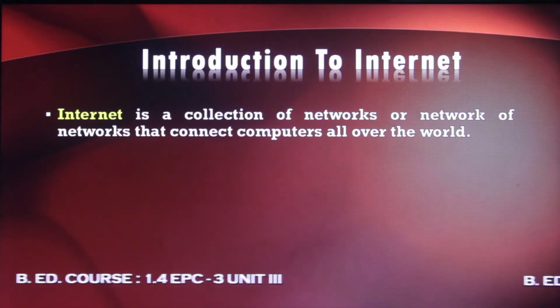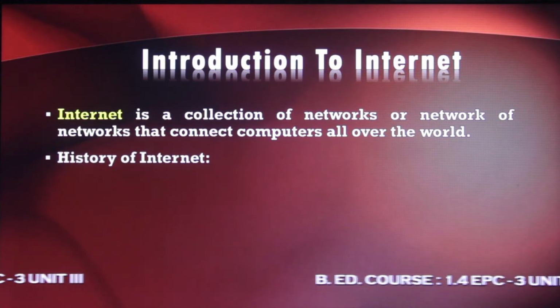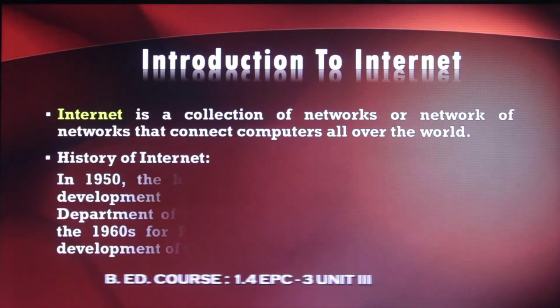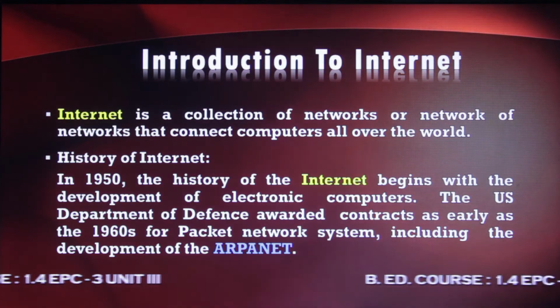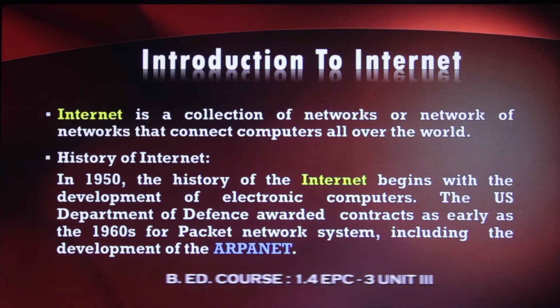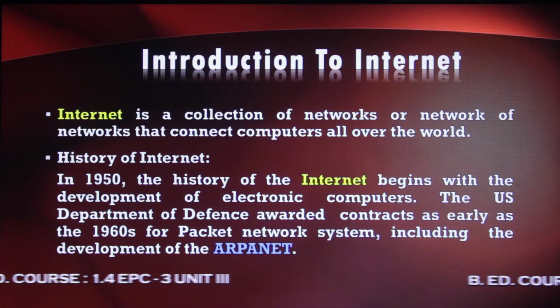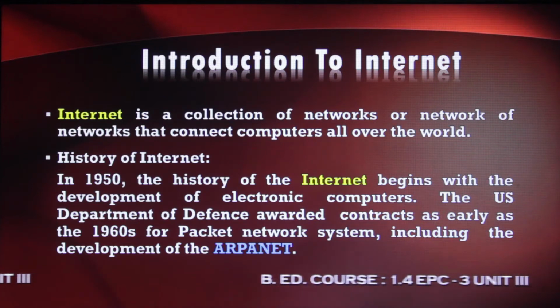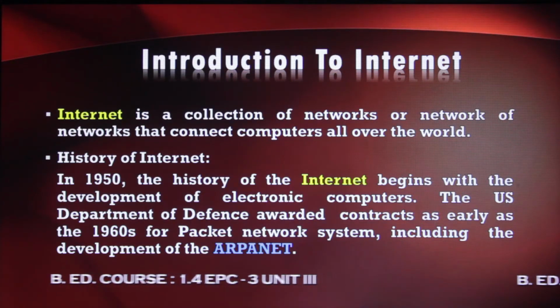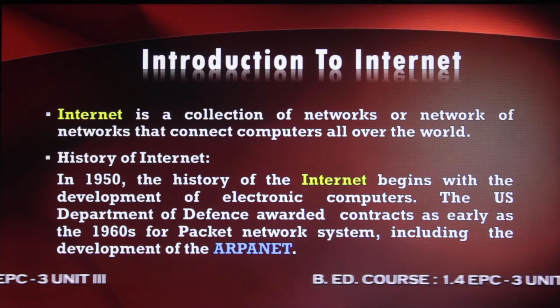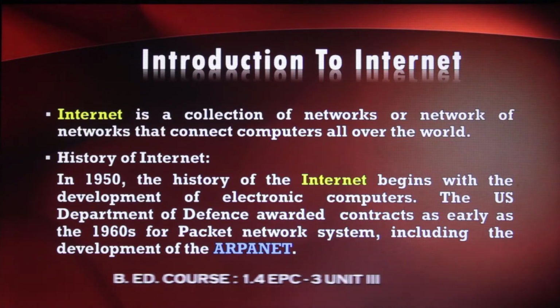If there is a link, then we must know the history of the Internet. In 1950, the history of the Internet begins with the development of electronic computers. Computers were there, but there was no link, and then the link was established.